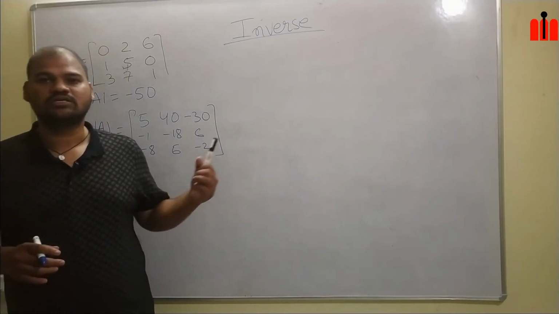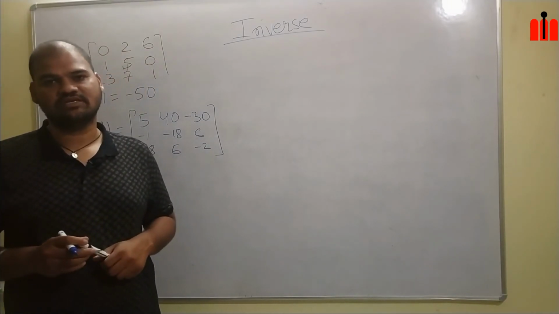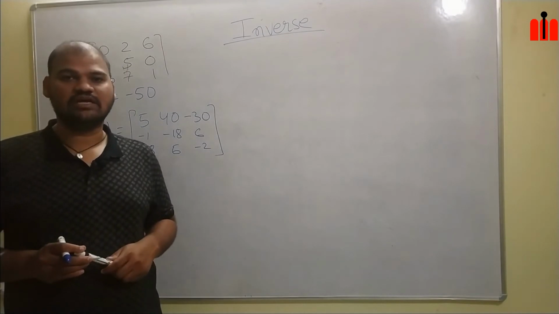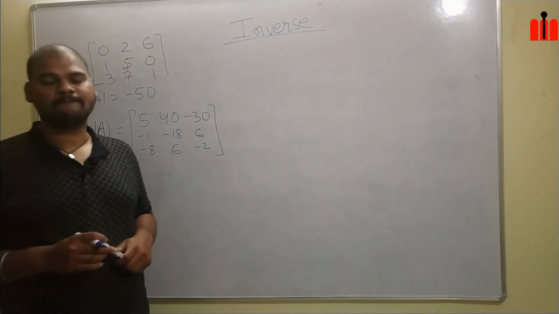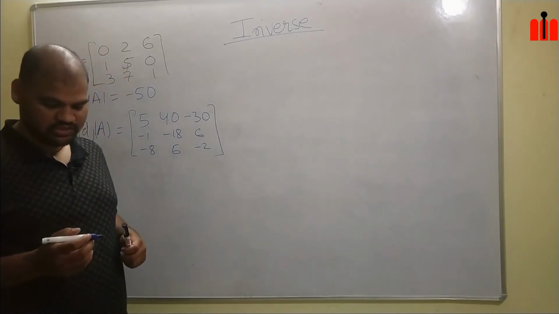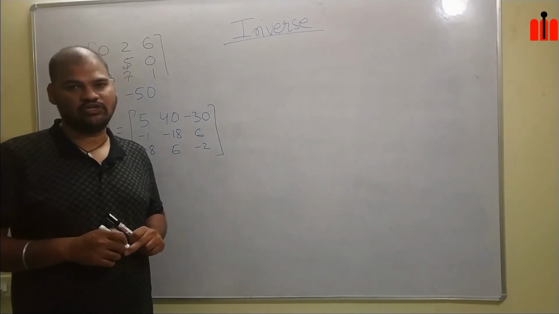So this is what an inverse is. Now how to find the inverse? To find the inverse, we will use one property of an adjoint.